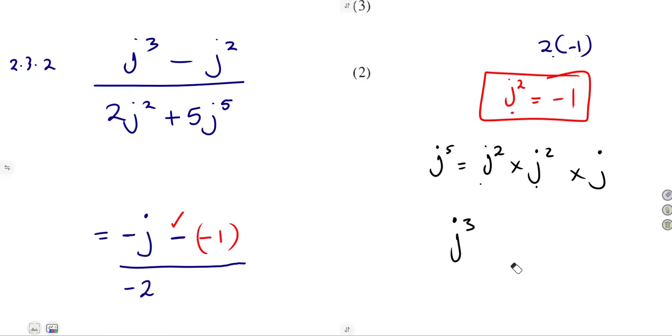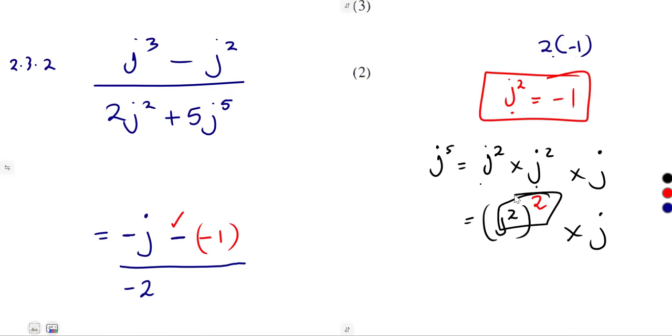Is it wrong for me to have just written this as j squared to the exponent of 2, as it is multiplying itself, times j? It is one and the same thing. There is no effect in doing that. J squared squared, to the exponent of 4 times this j to the exponent of 5.